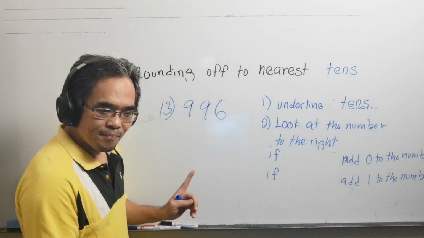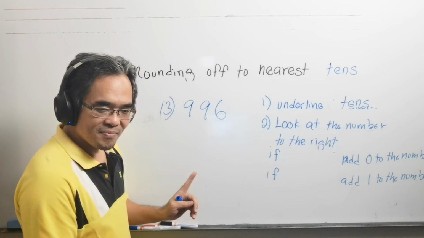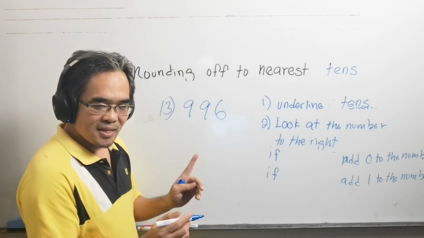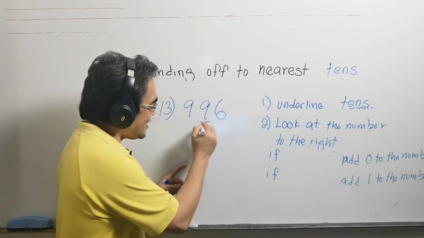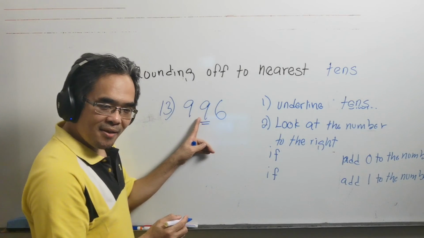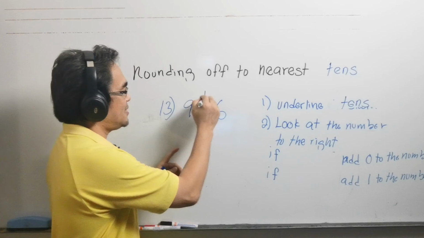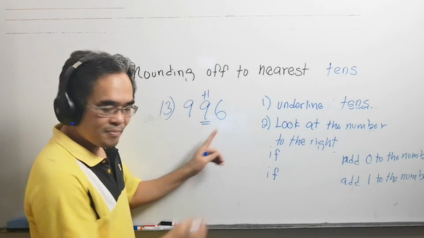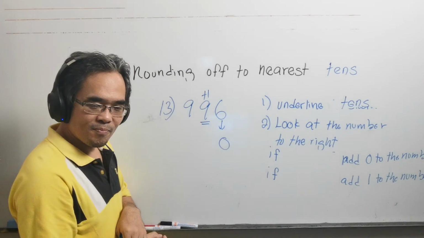Which number? So which nine? In the middle, right? Okay, alright. So do we add one here? Yes. So what do we do with 6? It becomes 0. So what is 1 plus 9?